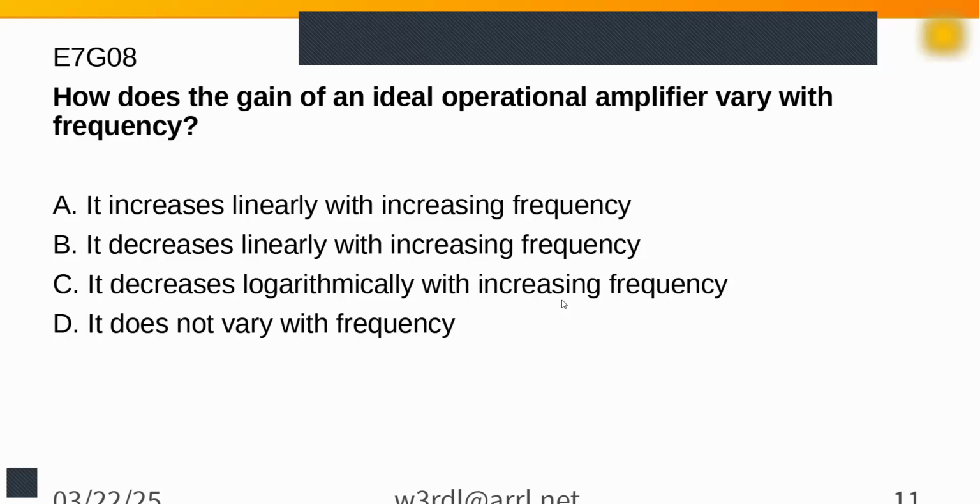Ideal. What varies with frequency? Okay, so it's got to be A and B. Yeah, but the way it's worded. So how does the gain vary?